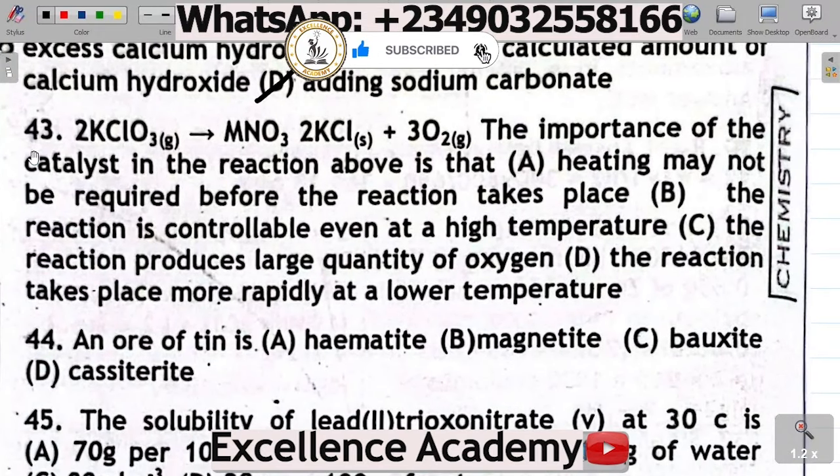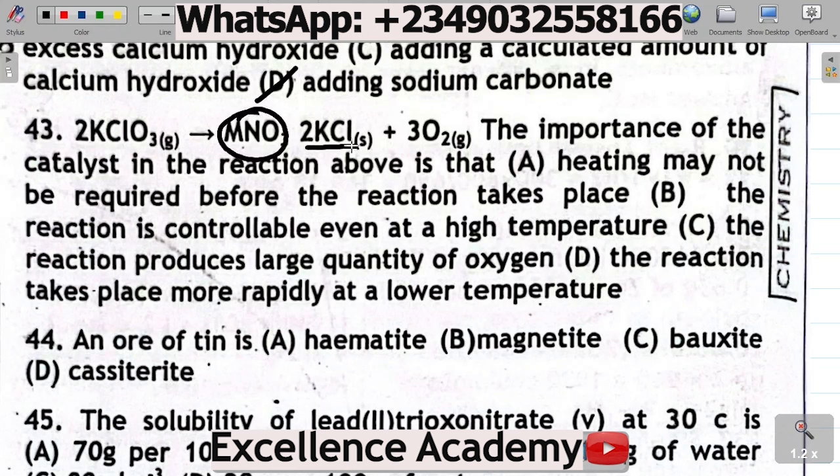Next up, question 43. Question 43 says 2 moles of potassium chlorate, using manganese(IV) oxide as your catalyst, would produce 2 moles of potassium chloride plus 3 moles of oxygen. They said the importance of the catalyst in the reaction above is that A, heating may not be required before the reaction takes place.